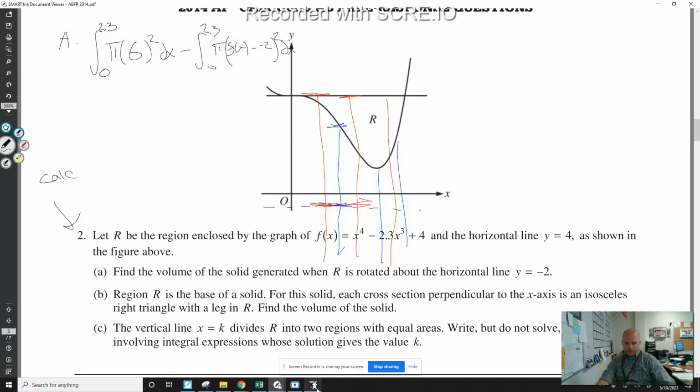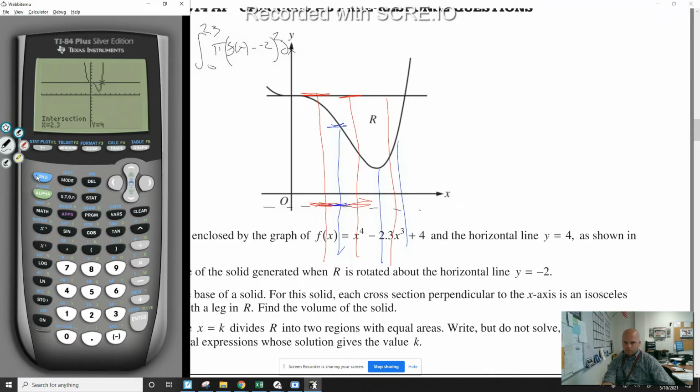So let's figure that out. I think it's like 98 point something. I'm going to do it all at once. This is how they usually have it on scoring guidelines. The pi needs to be factored out. Math 9, integral from 0 to 2.3. I'll have my outer r squared minus my inner r squared.